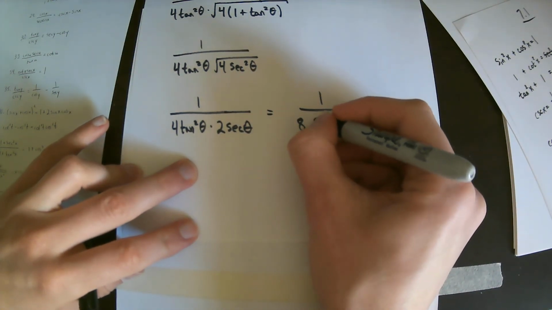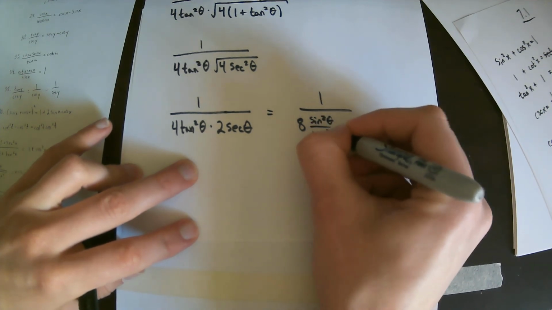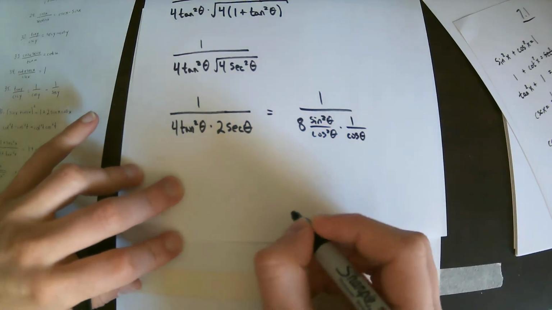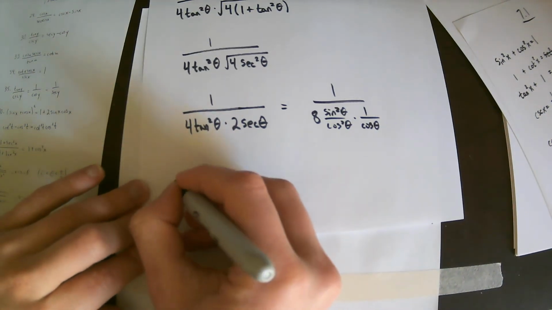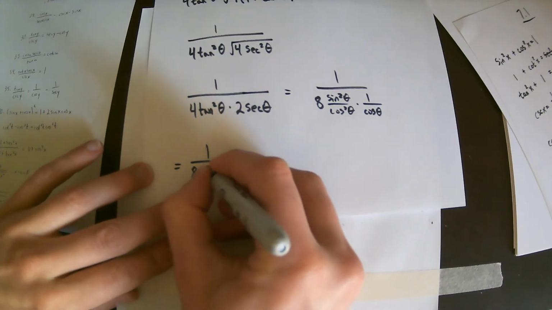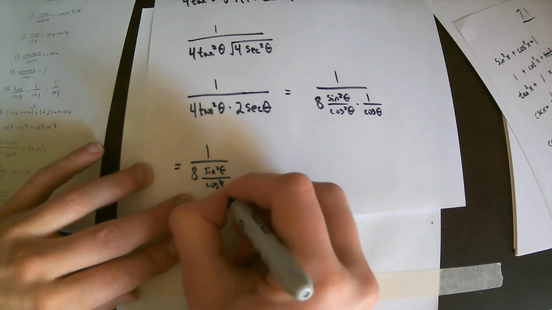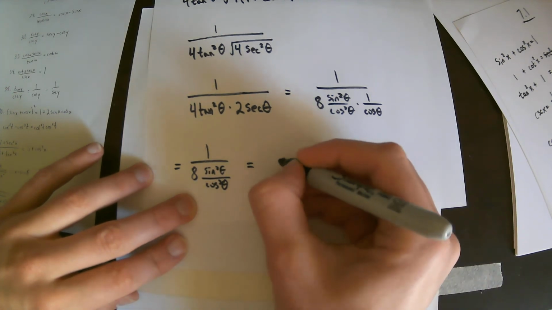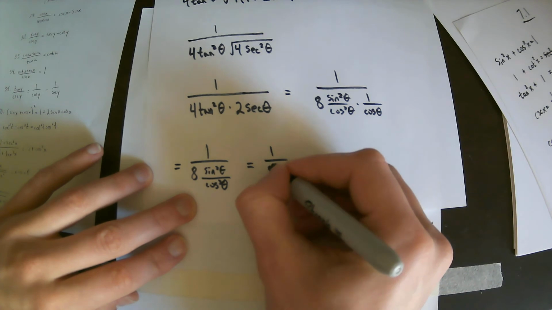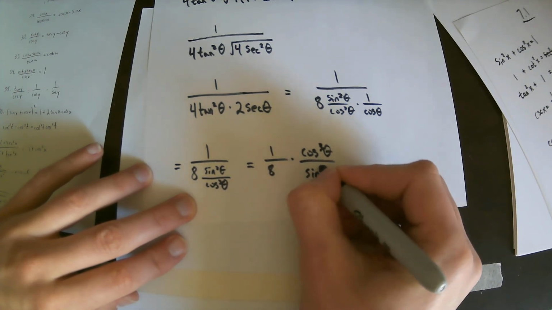Tangent squared is sine squared over cosine squared, and then times 1, secant is 1 over cosine theta. So we end up with 1 over 8 times sine squared theta over cosine cubed theta, and that's the same as 1 over 8 times cosine cubed theta over sine squared theta.